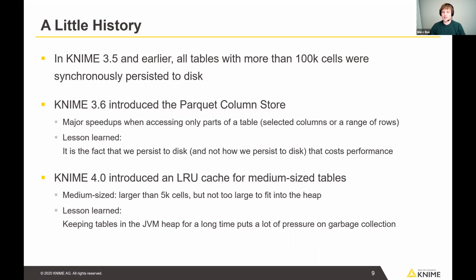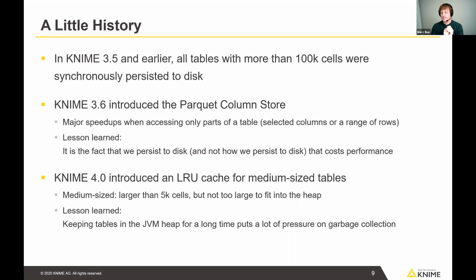So it keeps full tables in memory or no table in memory. So if you have your Knime table, either it is medium-sized and it fits into there, and if the next medium-sized table comes along, it might kick your whole old table out, or these two might still be able to fit inside that cache alongside each other. But it's always an all or nothing decision.